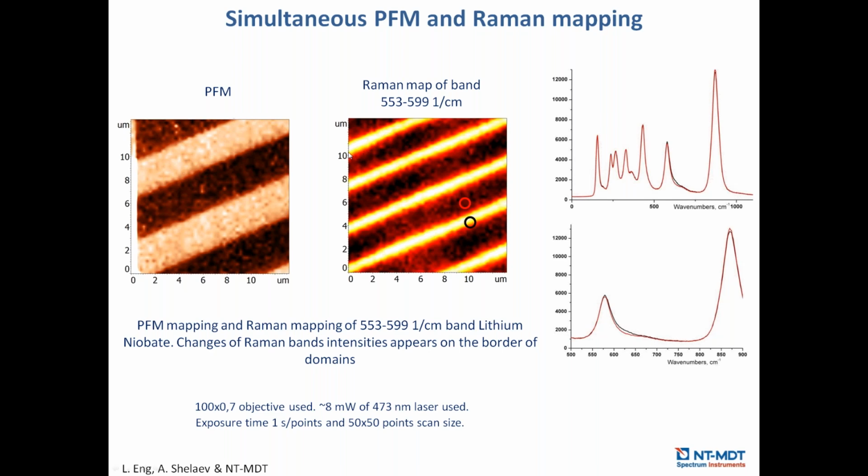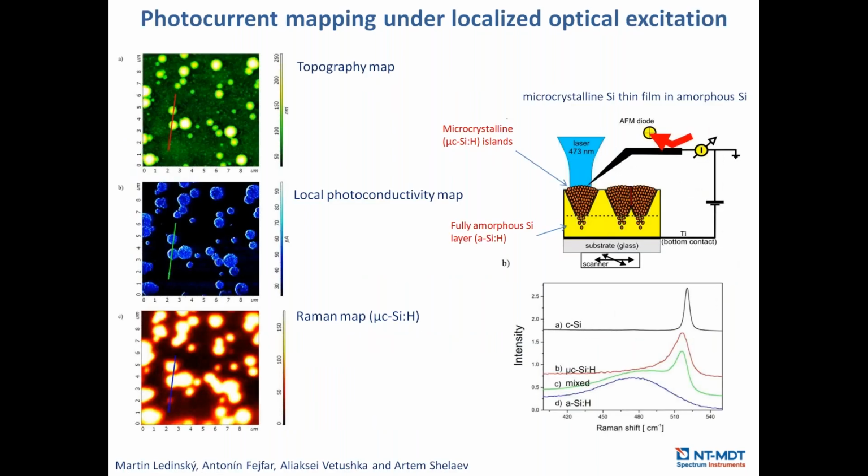In Raman mapping, we can see bright lines which correspond to the borders of the domain structure. And if you look at the spectrum, the black region, which corresponds to the border, has a slightly different spectrum shape. This allows us to make such confocal Raman mapping and to find a contrast between borders and inner regions of domains.